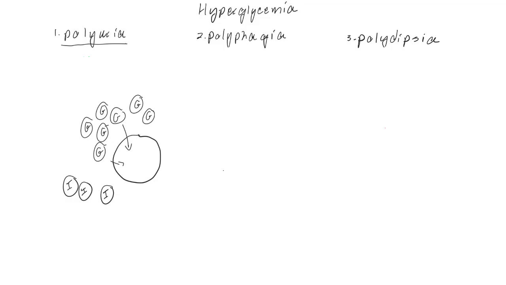We are over the renal threshold. Our transporters cannot reabsorb any more glucose, and it's going to be somewhere above 10 millimoles per liter, 180 milligrams per deciliter. So the polyuria happens first, typically, and then the polyphagia and the polydipsia start happening. The polydipsia, because our thirst centers are activated.